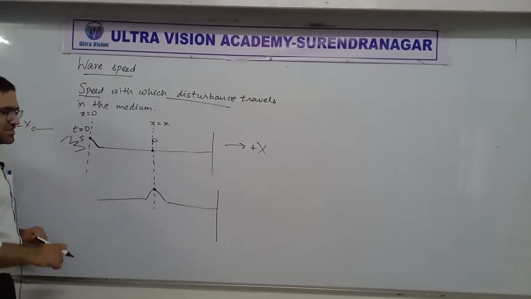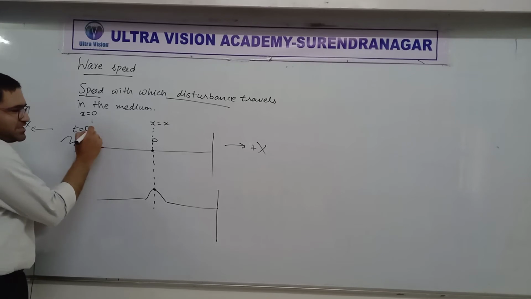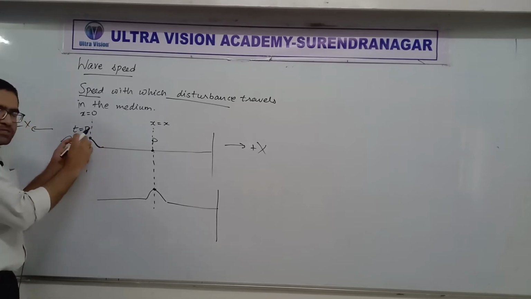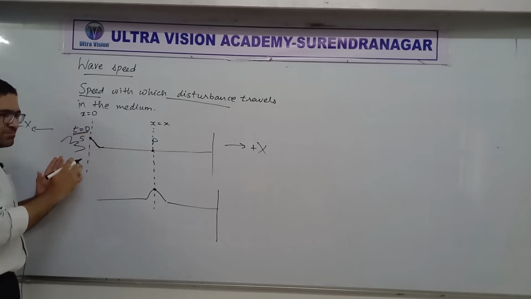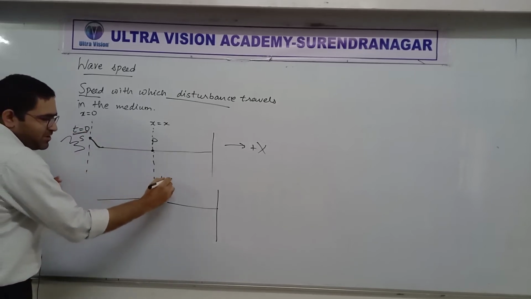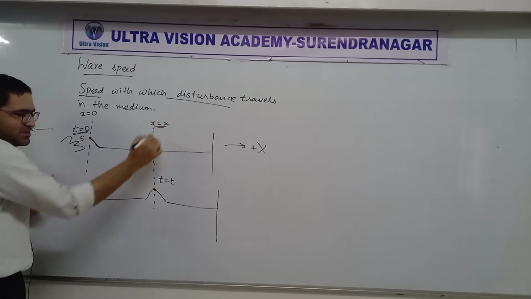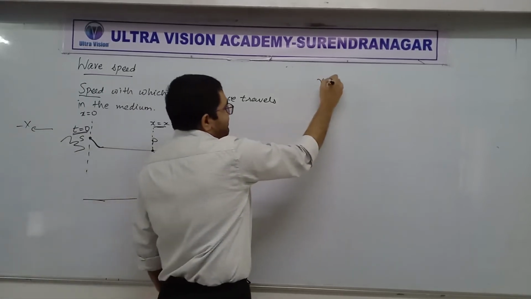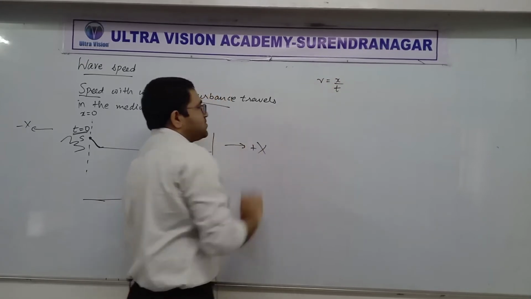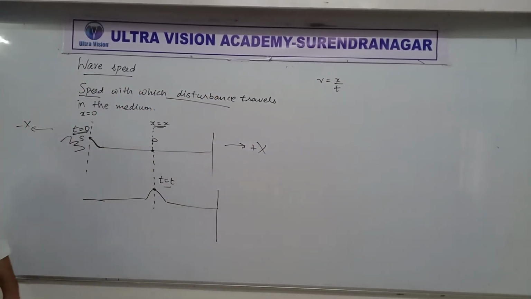Wave speed means whatever distance this disturbance or this pattern travels. See, the pattern was created here at t equal to 0. In some time, let's say t equal to t, it reaches here at x equal to x. Then the wave speed will definitely be x upon t. Understood or not?